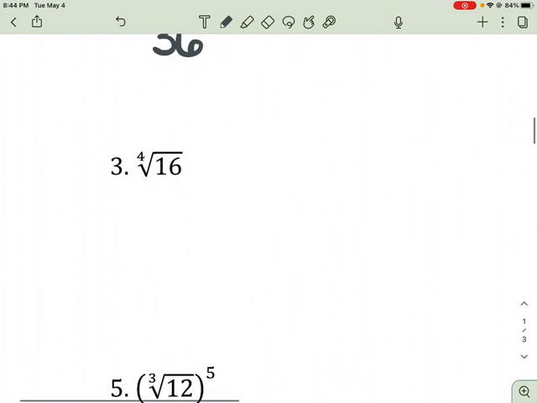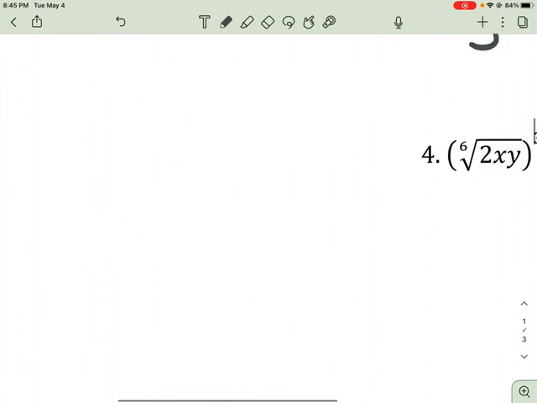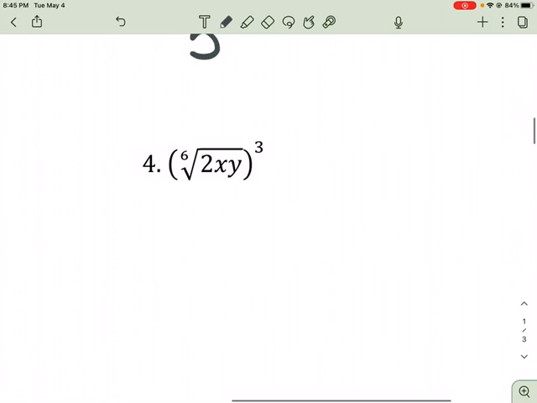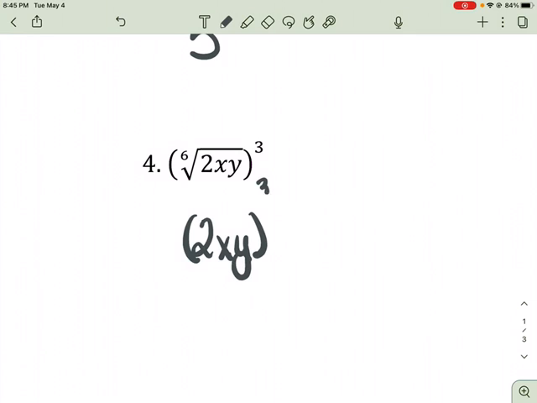Okay, let's try this one. 16, our denominator is 4. Our numerator is 1. If there's no exponent with the radicand, then it's just 1. Okay. All right. So 2xy, and I'm using parentheses to say the whole thing. Our exponent is 3.